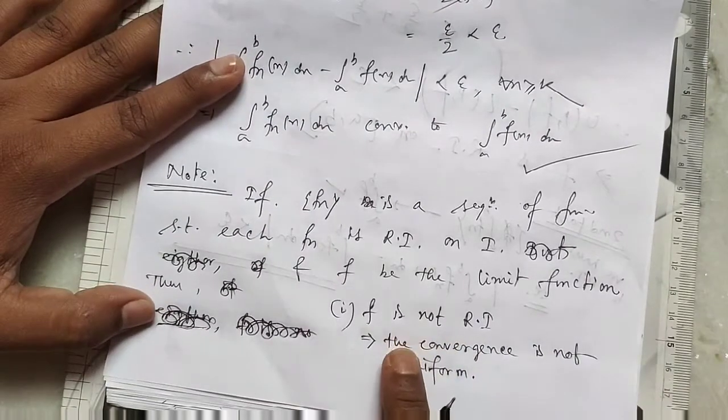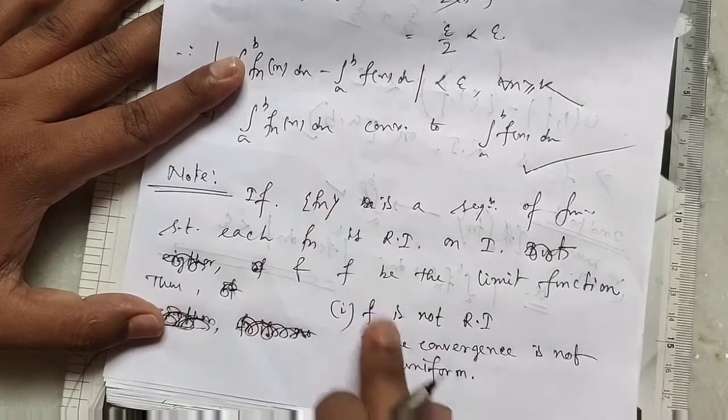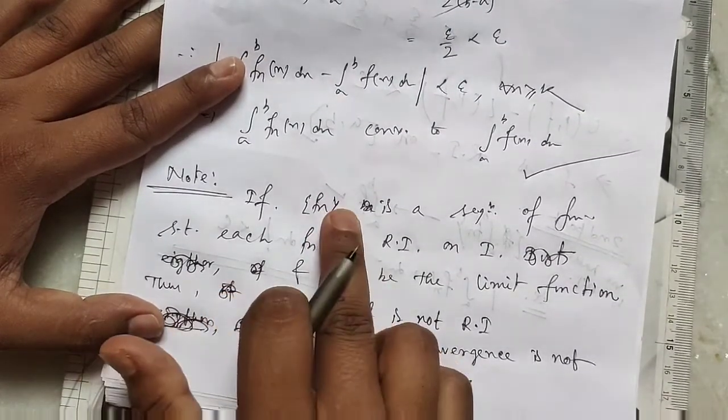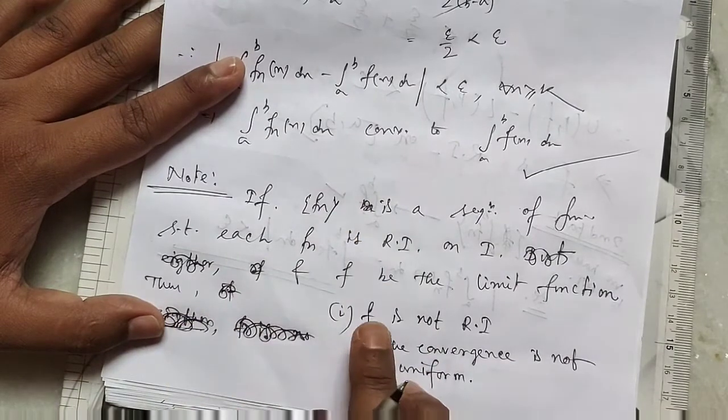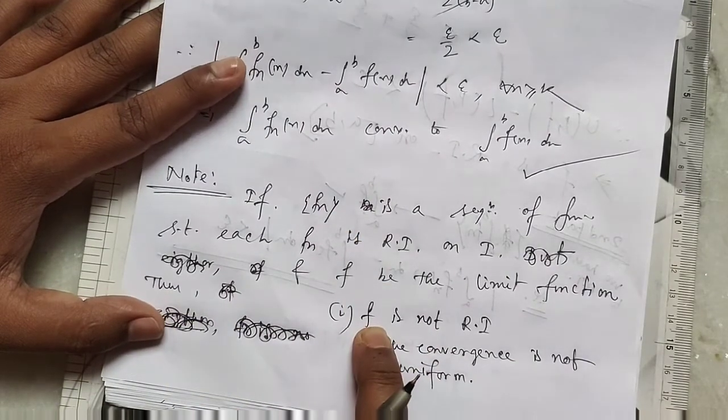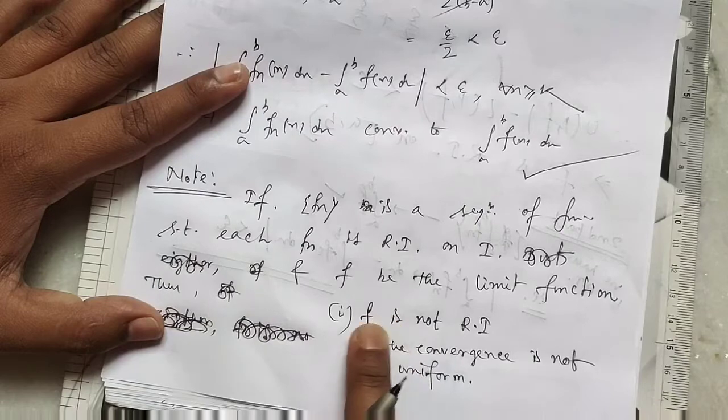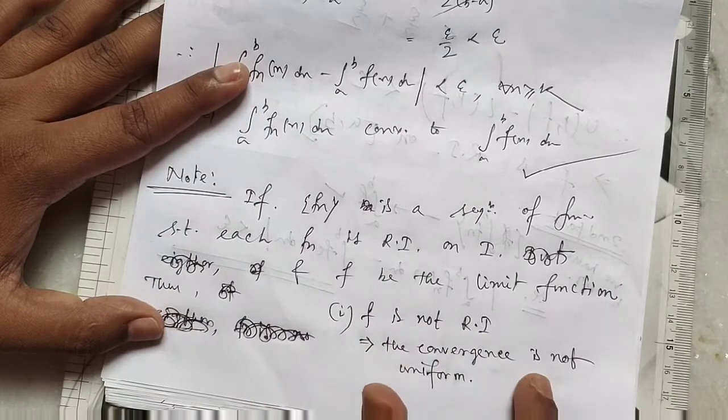Because if fn uniformly converges to f and each fn is Riemann integrable, then the limit function must be Riemann integrable. If the limit function is not Riemann integrable, the convergence is not uniform.